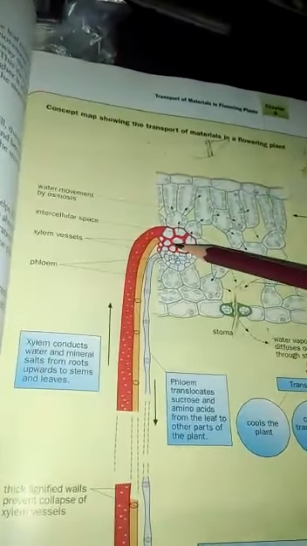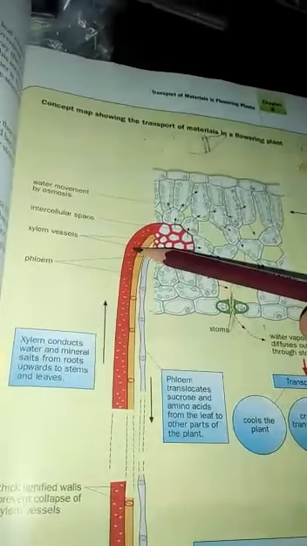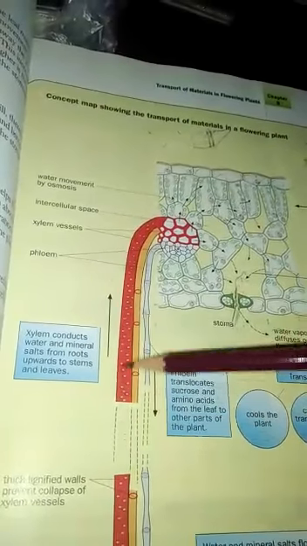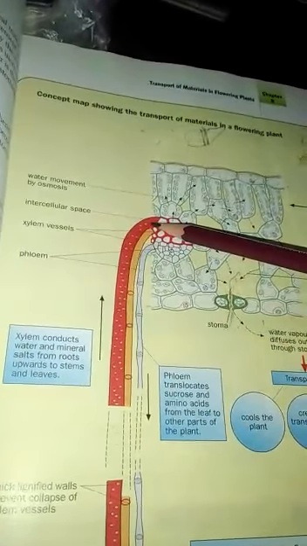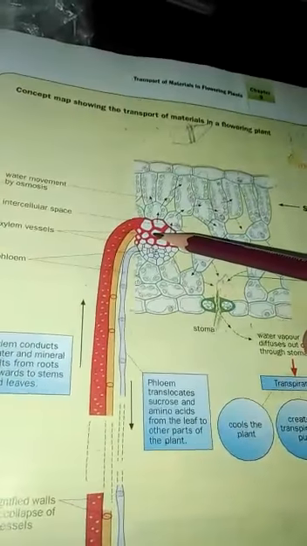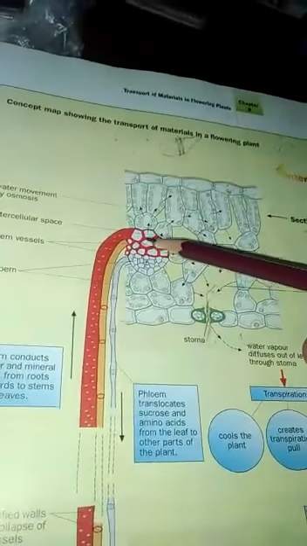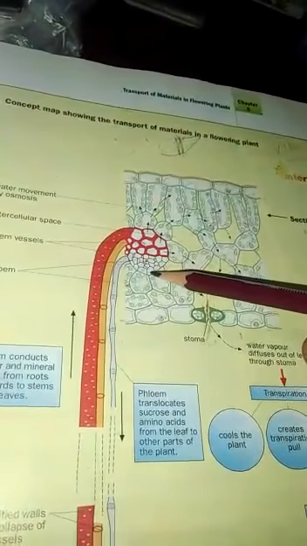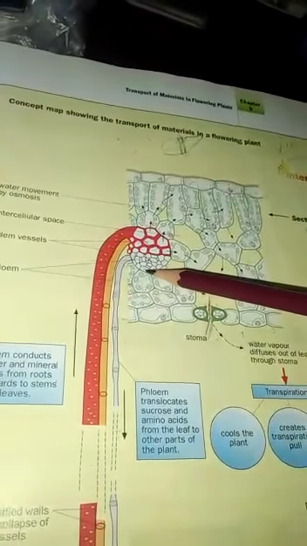The function of xylem cells is to transport water and mineral salts from the roots to the leaves, because the process of photosynthesis occurs in the leaves of plants, so leaves require water.